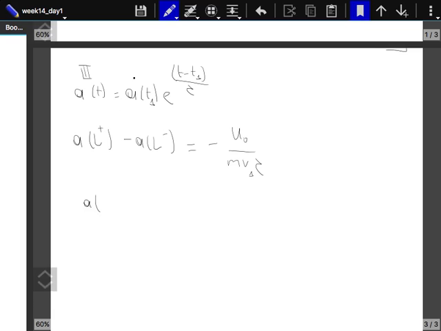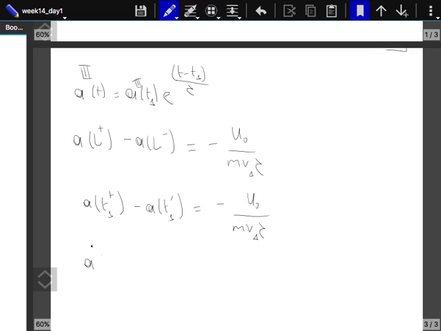So the acceleration at, well, let me give this a label 3, at T1 plus, right after it hits the second edge, minus the acceleration before it hits the second edge, that difference should be minus u0 over m v1 tau.